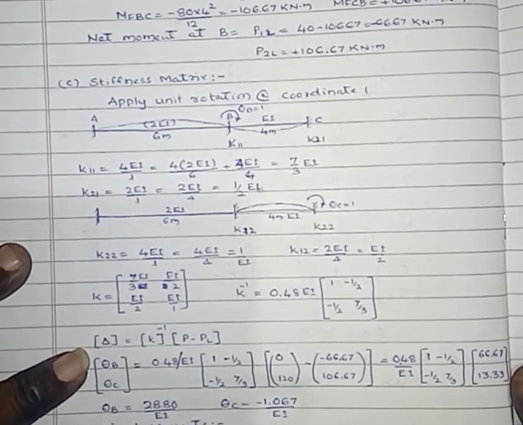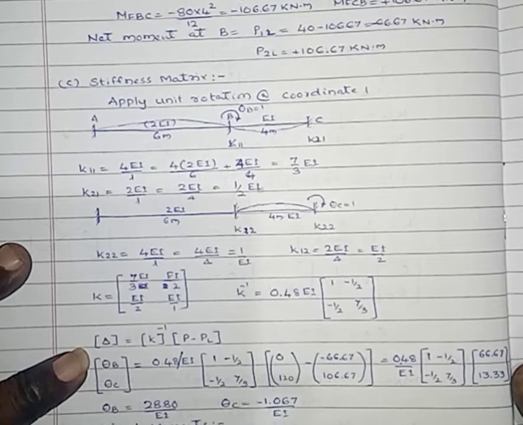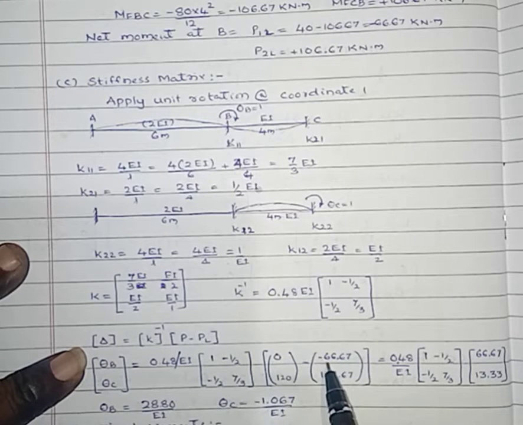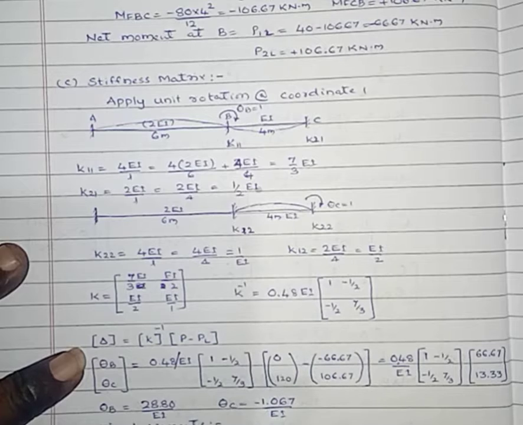We have calculated the net fixed end moment at 1, that is minus 66.67, and at 2 that is 106.67. Here minus into minus plus, this is 66.67, this one is 120 minus 106.67, that is 13.33.